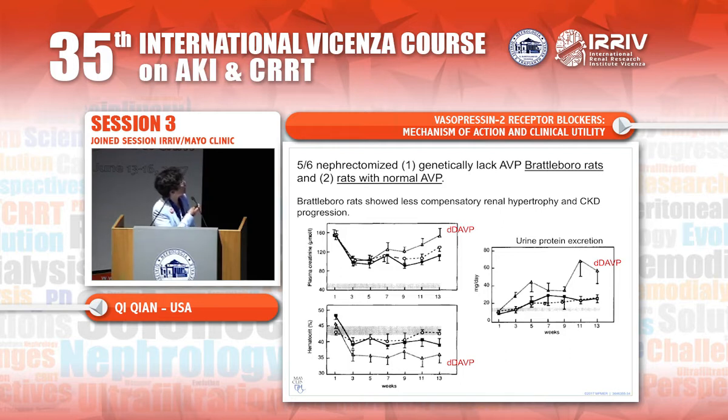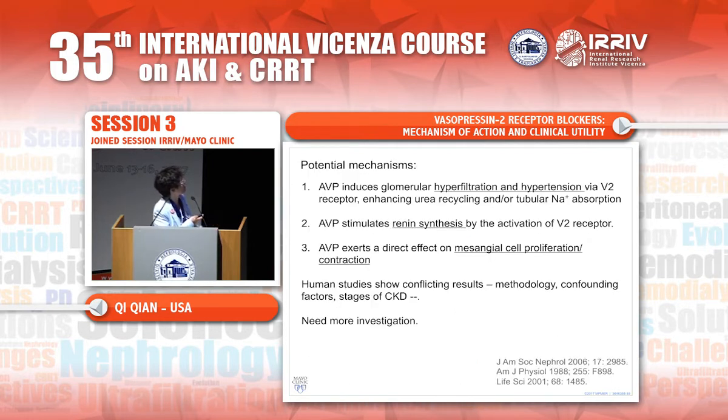So if you take these Brattleboro rats and give them V2 receptor agonist, DDAVP, you can make these rats have a much greater increase in serum creatinine than baseline, worsening anemia and worsening proteinuria. So there's a potential mechanism proposed that AVP through V2 receptor activation would cause glomerular hyperfiltration and hypertension.